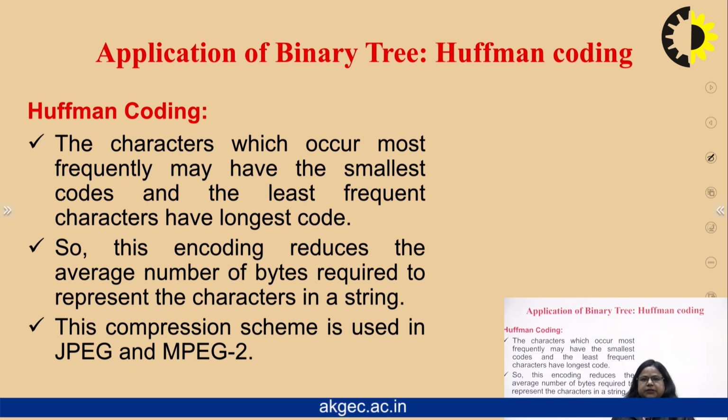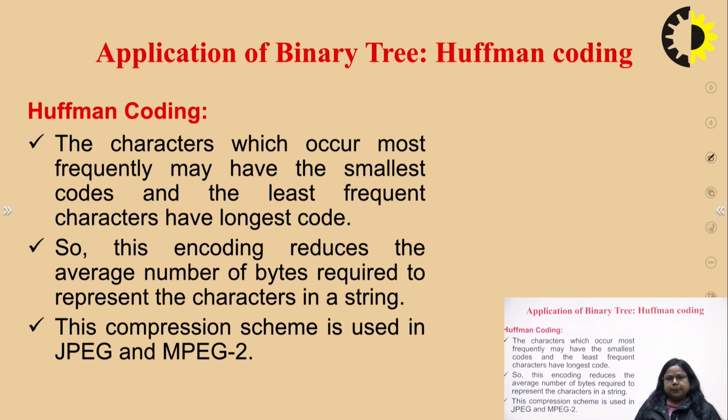For example, between Z and A, in most statements, words or characters, A is very common in comparison to Z. So the code for A is smallest, and the letter Z has a longest code.